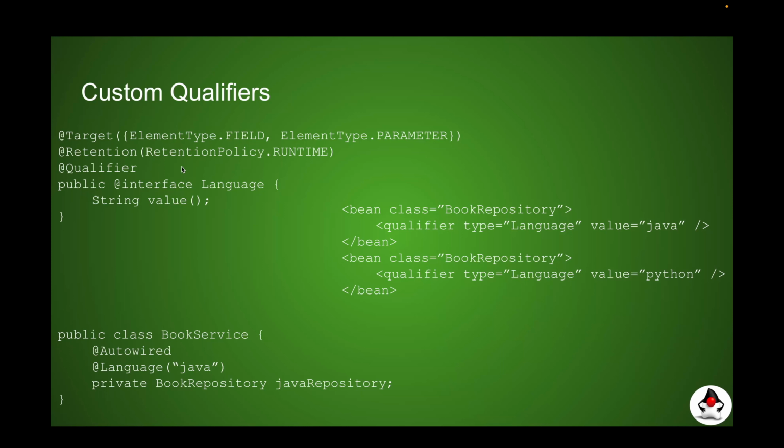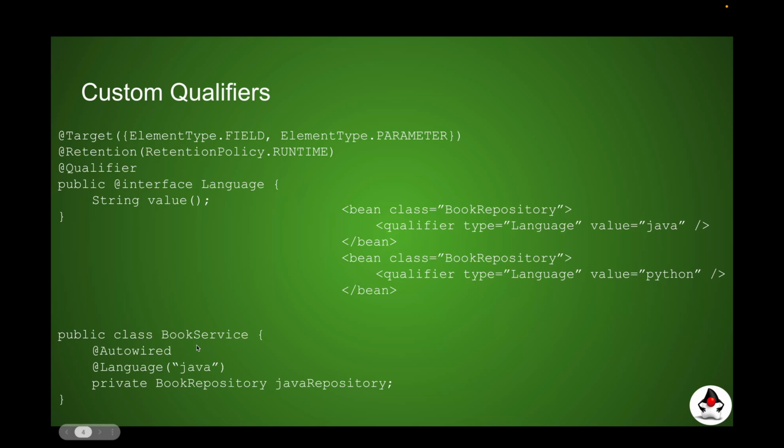We have defined two things here, fields and method parameters, but you can use methods as well in the target. So that's how we define a custom qualifier, and then how to use it. If you see below, we have public class BookService, and here we are autowiring BookRepository, and we have named it javaRepository, and we use the annotation which we just created, which is language, and we pass the string in the value.